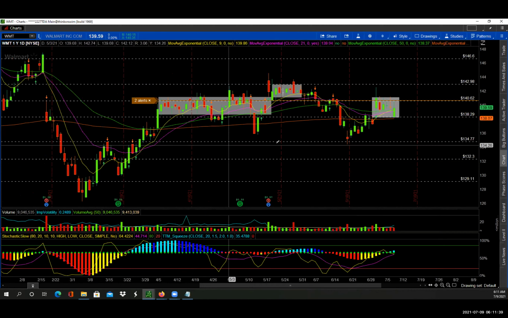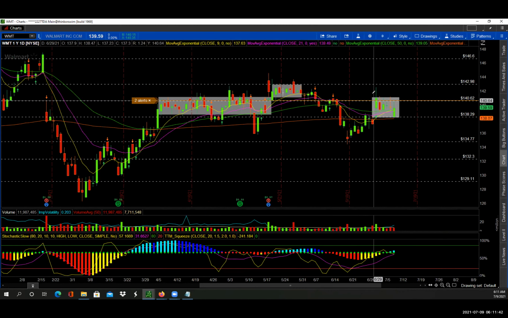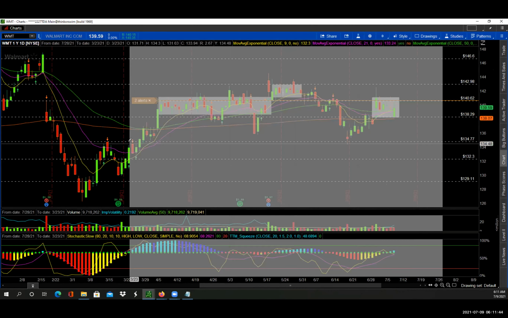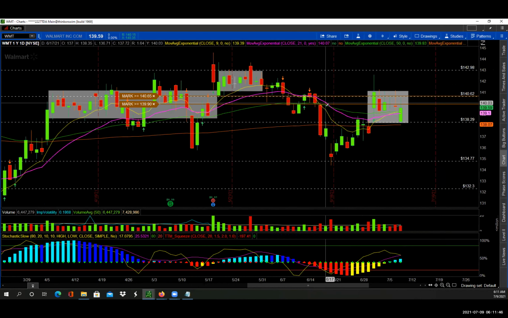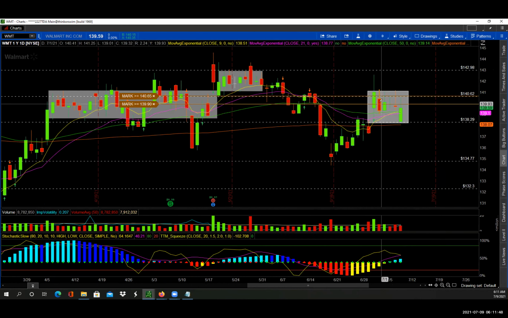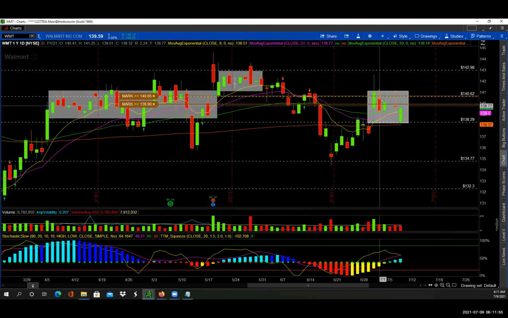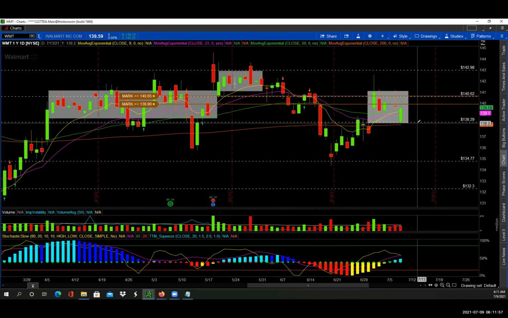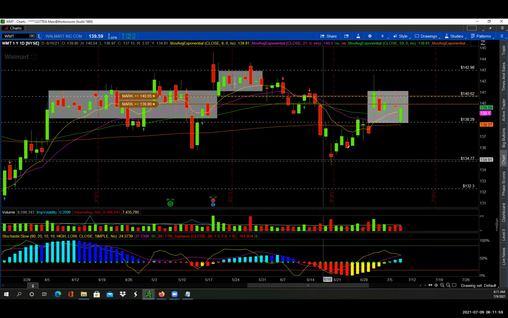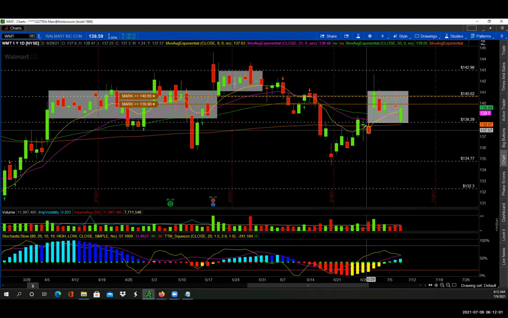Did you? Right here? Yeah, I mean, it's not a strong cup and handle, because usually cup and handles are supposed to be rounded. And it is. This could be our handle.